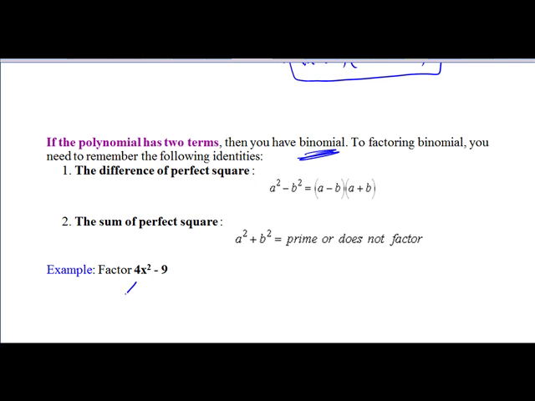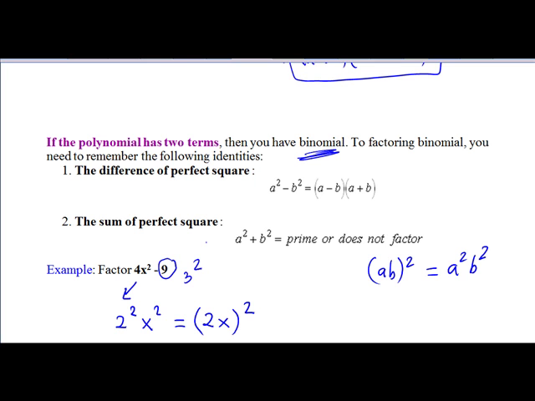Now the 4 can be rewritten as 2 squared, times x squared. I bring it down. So this here can be rewritten as 2x and then the whole thing squared, because I remember that a times b squared equals a squared times b squared. The equal sign means I can go the opposite way. If you have this, I can rewrite it as that. So exactly what I did right here. And this 9 here can be rewritten as 3 squared.